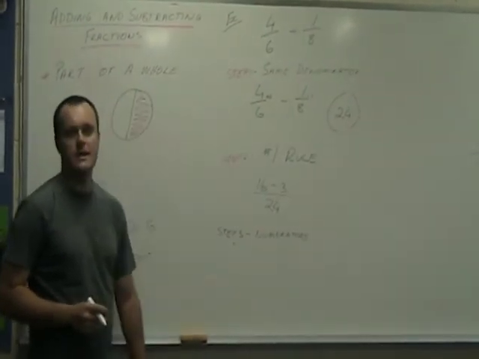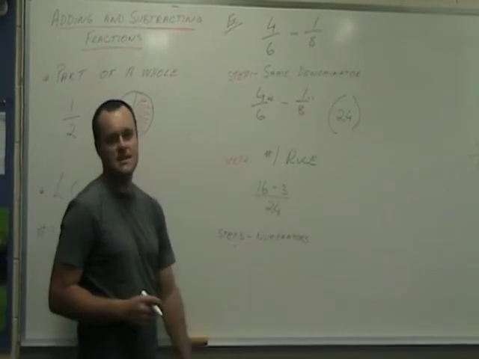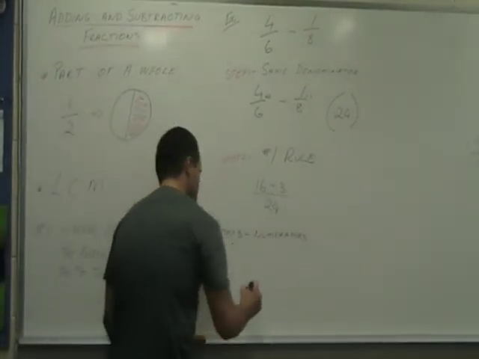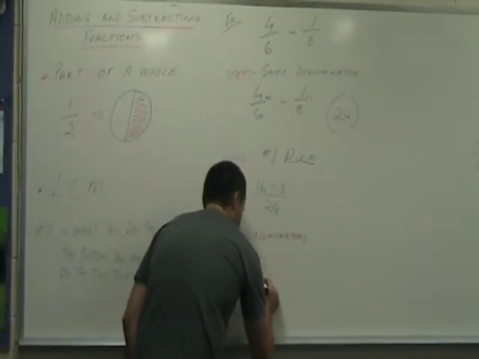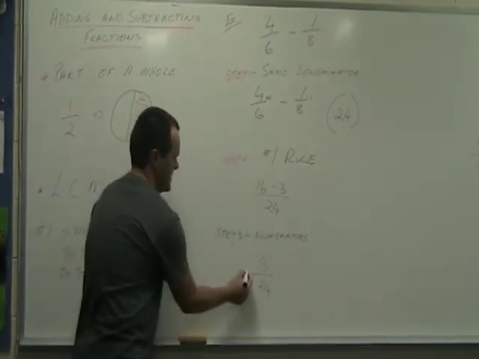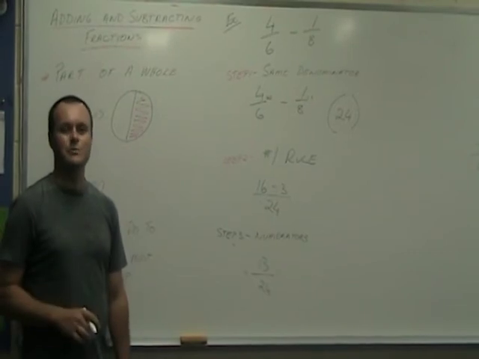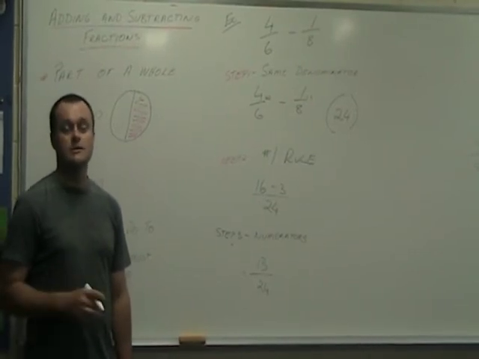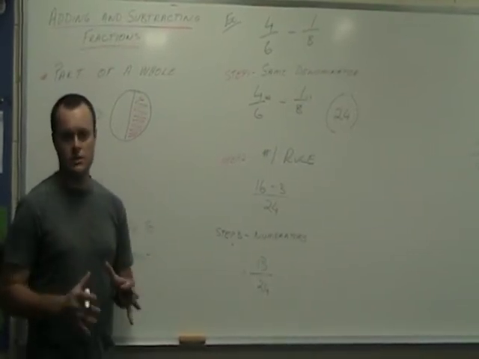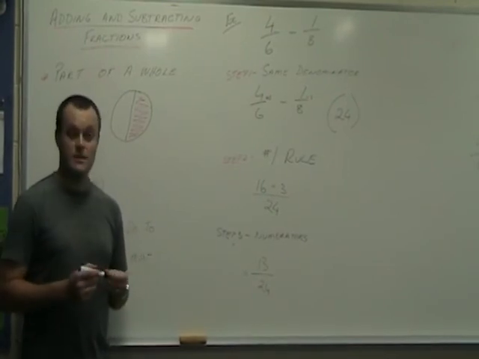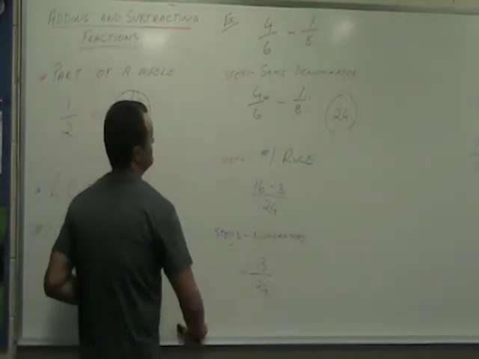So then I do what I need to do with the numerators. 16 minus 3 gives me 13 over 24. And that's my answer. 3 simple, easy steps. Righto, let's do 2 practice questions. Come back and we'll go through the answers. These are our practices.